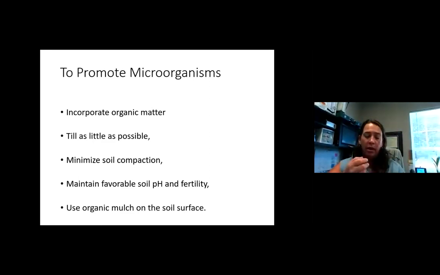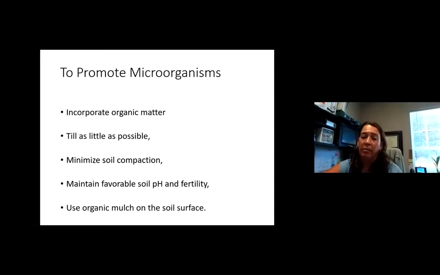So we want to minimize walking across the landscape. Or if we're in our landscape beds, we want to make sure that we have a good 2 to 3 inches of mulch to help reduce compaction. In your lawn, you will want to actually look at having the lawn core aerated on a regular basis to help minimize compaction, help promote those microorganisms.